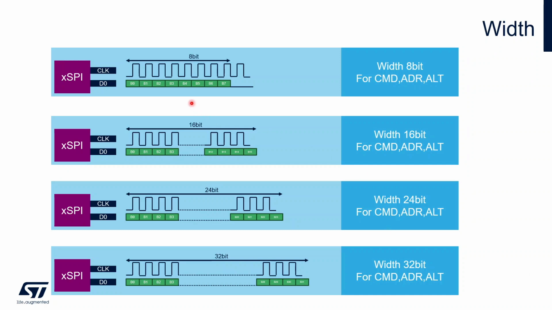In our case, most of this will be 8 bits because the command is 8-bit, so this will be 8-bit. We have the possibility to use 16-bit, 24 or 32. For the addressing, we mainly use 32 because we have a 32-bit memory. So for the addressing it will be 32, for the commands it will be 8.